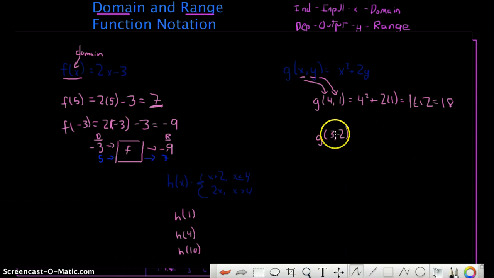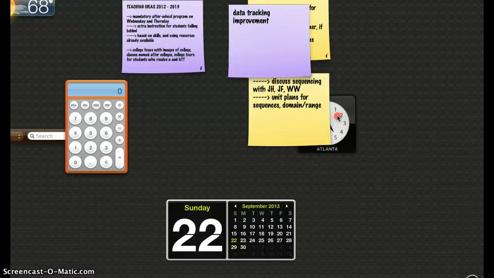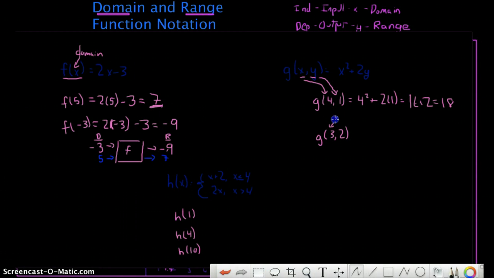Same thing here. Now here, I'm told this 3 here is my x, sorry about that, guys. I am having a lot of trouble with that today. And this is my y.